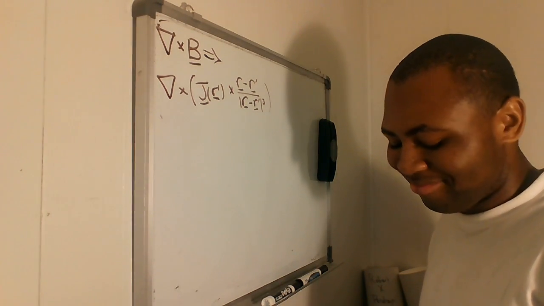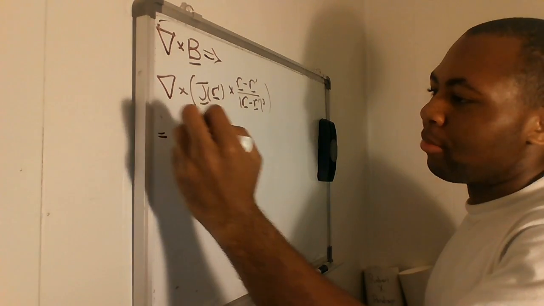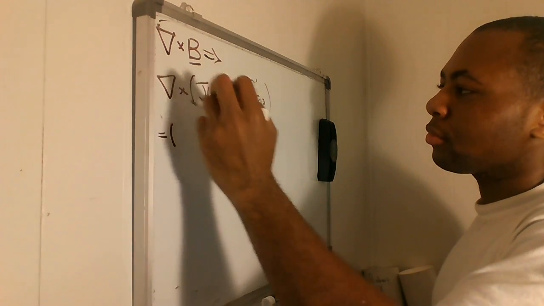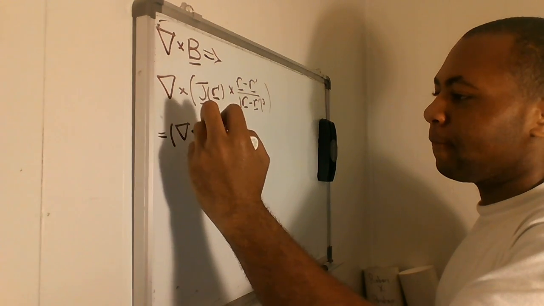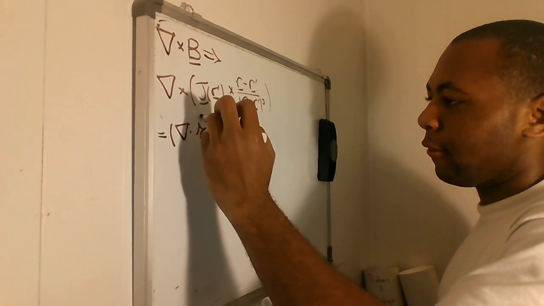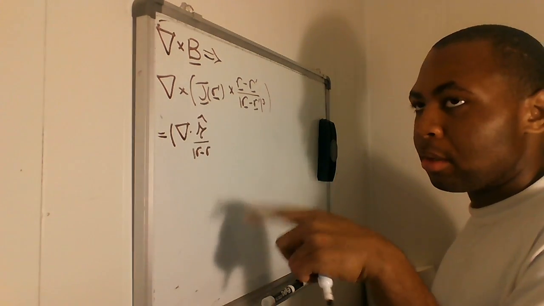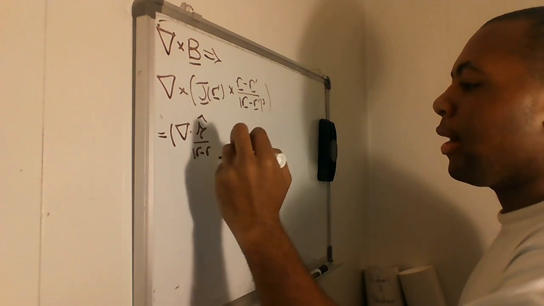Well, what is this? Back cab rule. Back cab. Del dot curly R. Back cab.